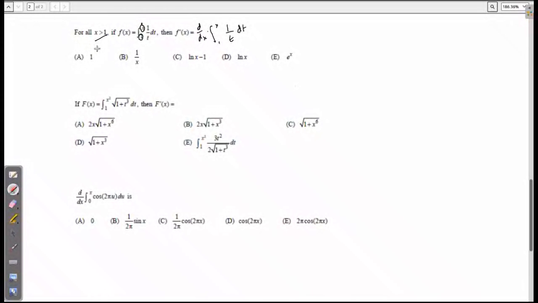But I'm never actually substituting into a natural log function because of the fundamental theorem of calculus. I'm substituting x into my function, and I'm substituting the differential into here. So I end up with 1 over x times 1. But of course, we never write that 1. B is our best answer.